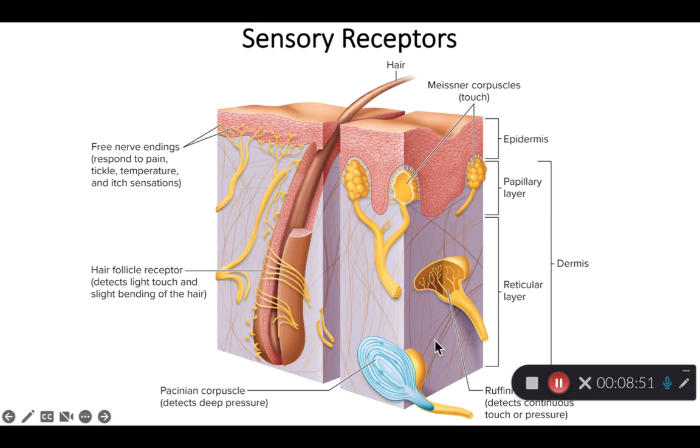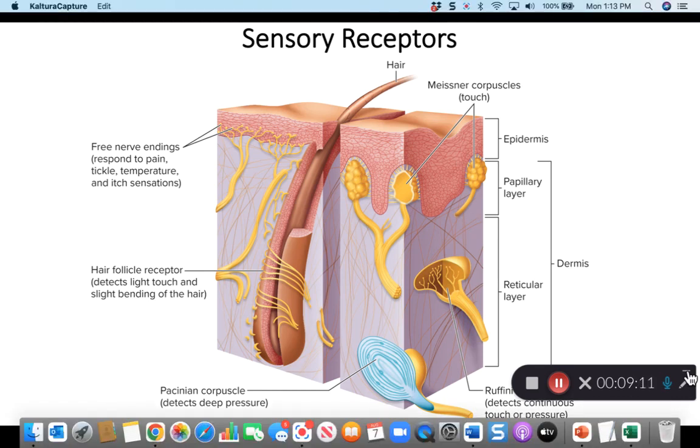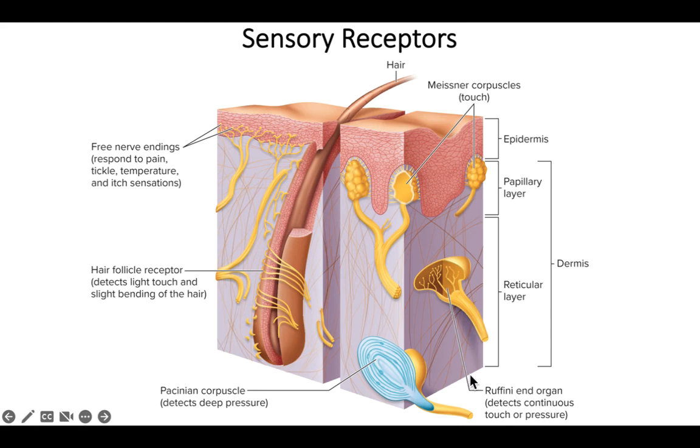Pressure sensors tend to be highly concentrated on the bottom of your feet, because that's where your body senses a lot of pressure changes. So if we were to look at skin on the bottom of your feet, you're going to have a lot of these. If we look at the skin at the tips of your fingers, you're going to have a lot of these. There are some other sensory structures we're not going to really get into, but I definitely want you to know the difference between Pacinian corpuscles and the Meissner corpuscles.